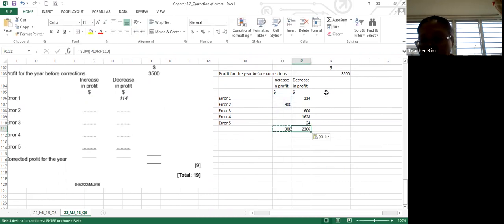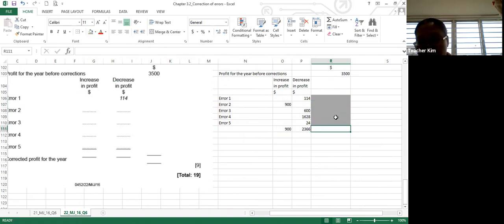In the exam, in case they purposely grey this color, you don't put numbers in here. Take this minus this one. When you get a negative, it tells you your profit will decrease.